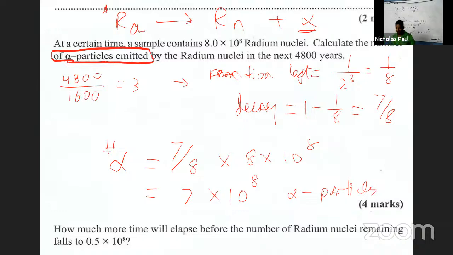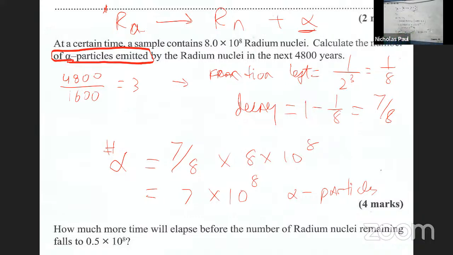One last part underneath that. They ask, how much more time will elapse before the radium nuclei reaches 0.5 by 10 to the 8? How much more time? The key word there is more. So think about it.